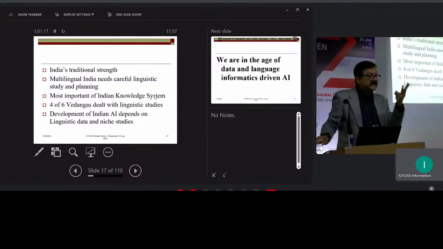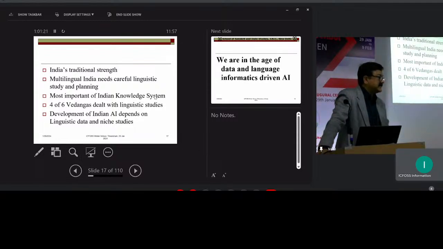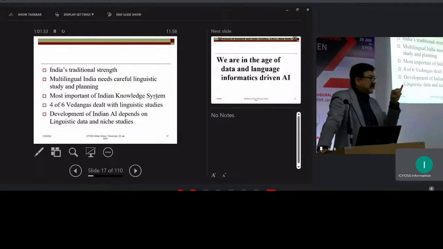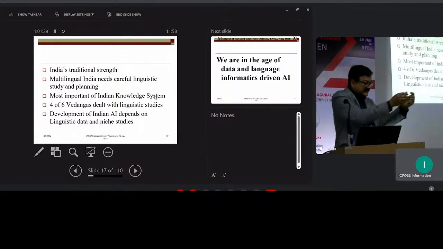Therefore, of the 6 Vedangas that we devised, 4 were linguistic disciplines. The 6 Vedangas were the disciplines you have to know to be knowledgeable. These are etymology, where you have to know the meaning of a word, understand what exactly this word means and where it comes from.